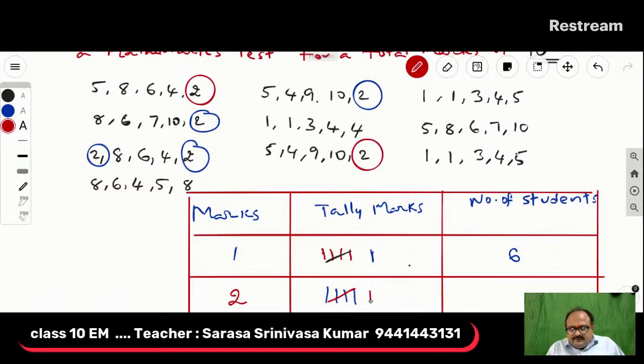So sixth tally mark. So how many students are there? 6 students got 2 marks.